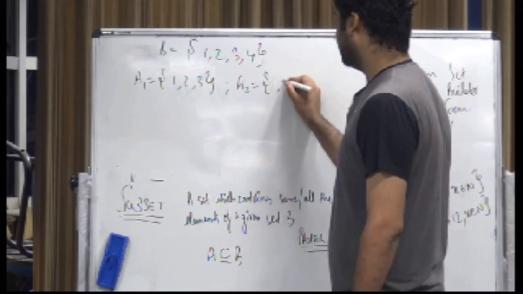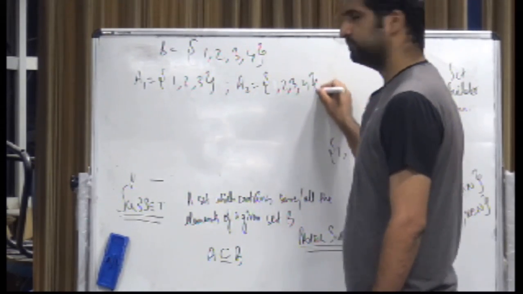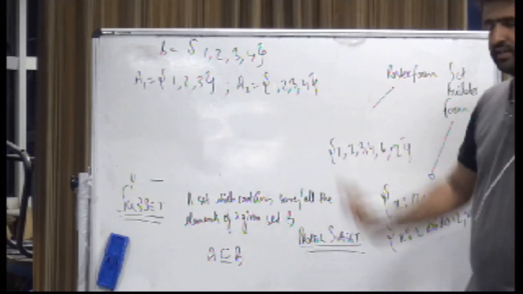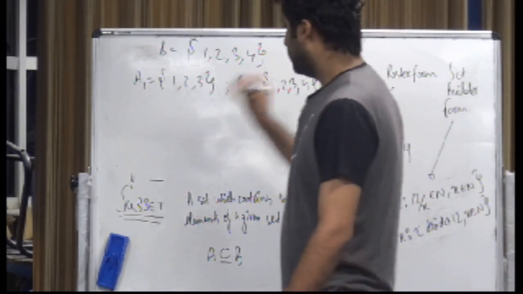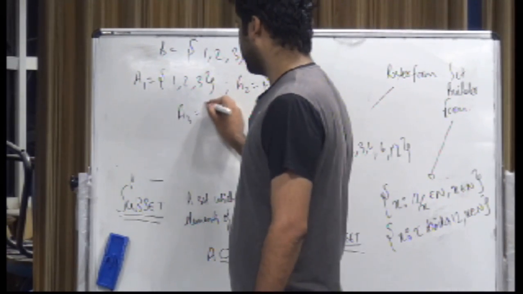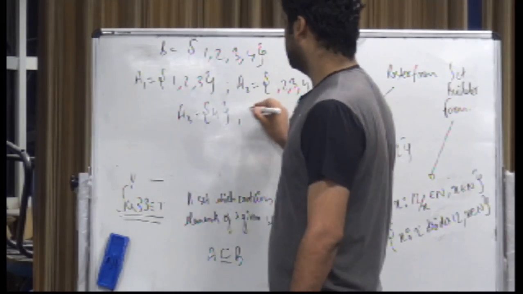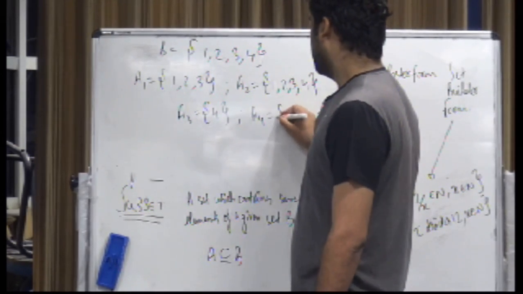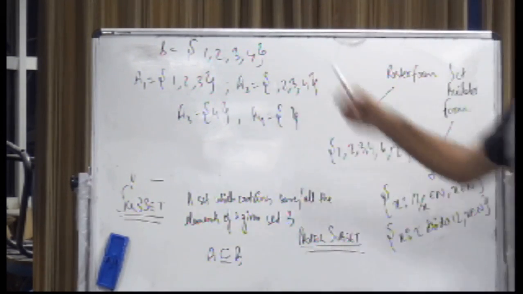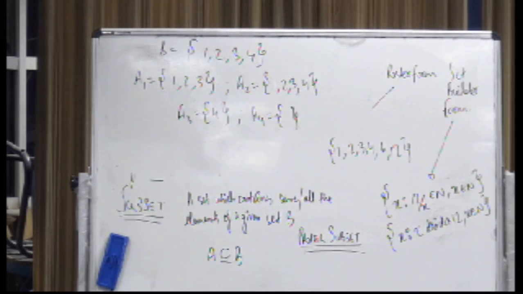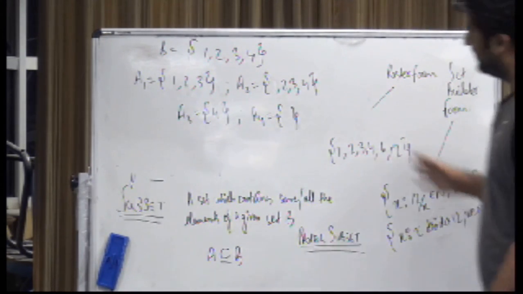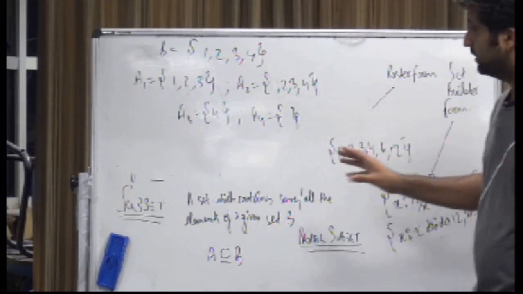Let's suppose it has all the elements of B. Then also we can say that A is a subset of B. If it has just one element, then also, and if it has no element, then also it is a subset of B. So all these are considered to be subsets.